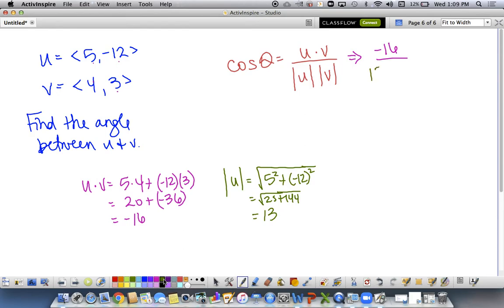So I've got 13 times, let's find the next one. Let me find a different color to write in. Now the magnitude of v, the square root of 4 squared plus 3 squared. Well, I hope we all know this is the square root of 25, which is 5.